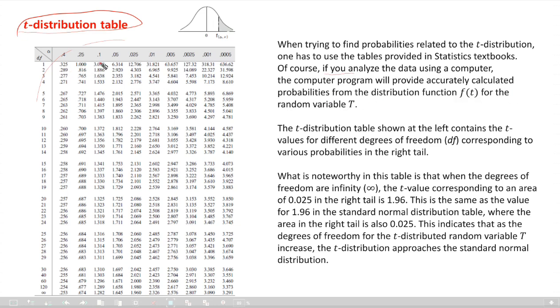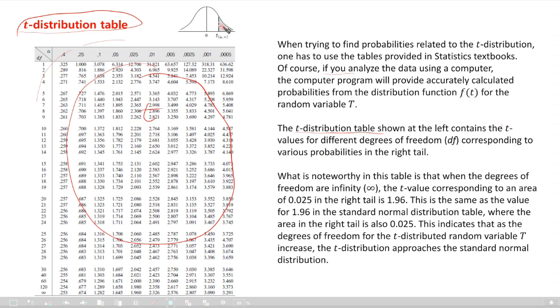This is just a brief, simple table. The t table shown at the left contains t values. These are now t values, okay? Value of t for different degrees of freedom. The t distribution has degrees of freedom from 1 up to infinity, corresponding to various probabilities in the right tail here.